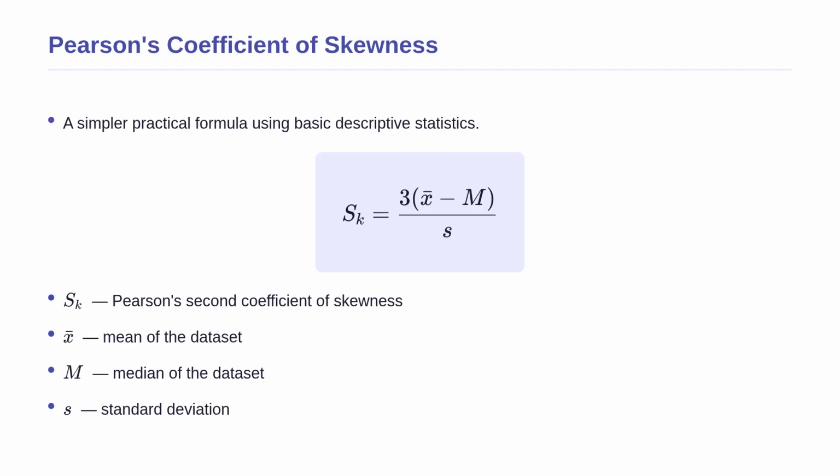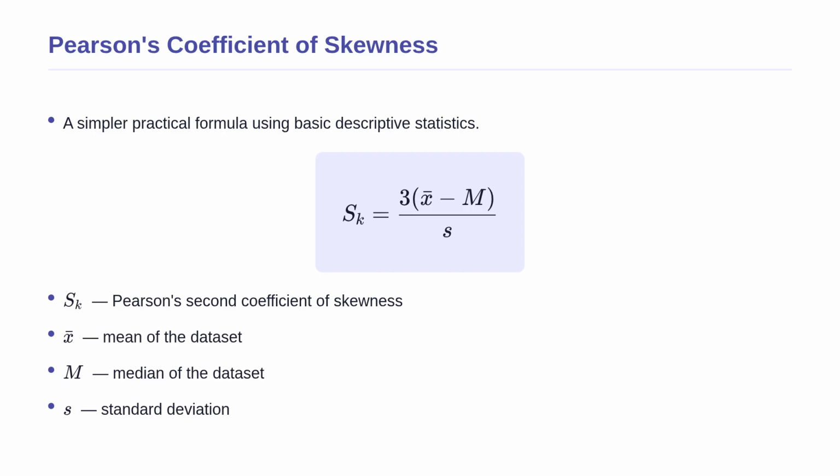While the previous formula is precise, calculating third moments by hand can be tedious, which brings us to a simpler, very common practical formula. This is Pearson's second coefficient of skewness. Instead of complex summations, it uses three basic descriptive statistics: the mean, the median, and the standard deviation.